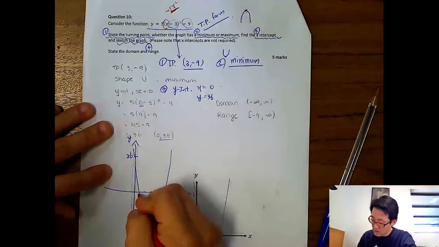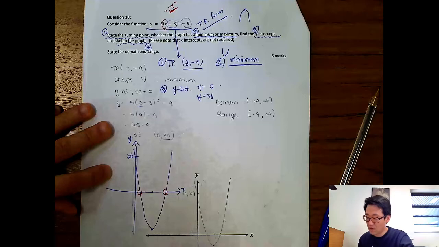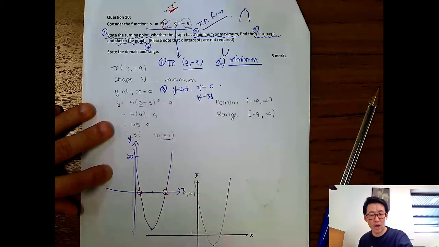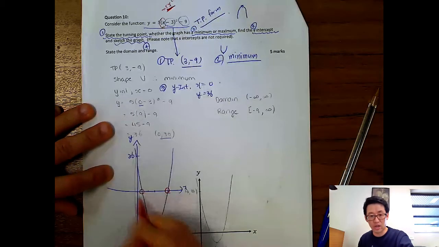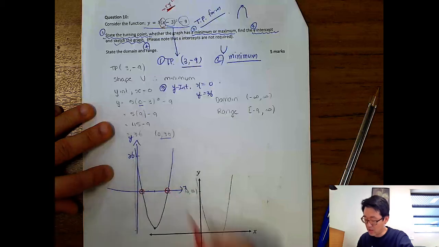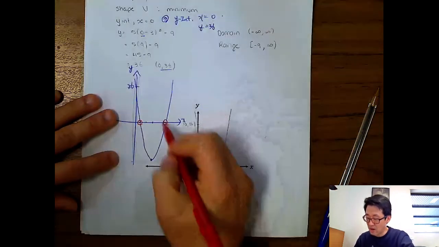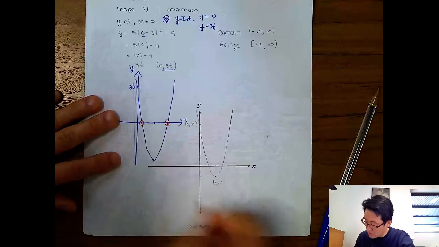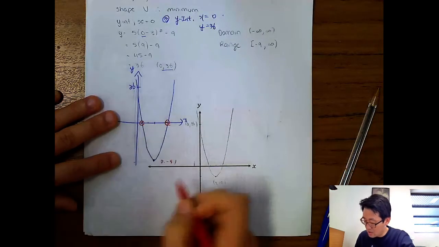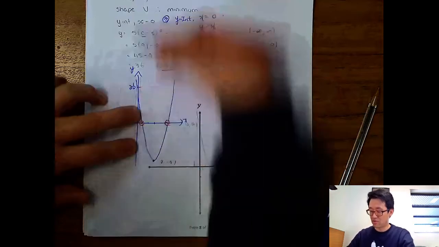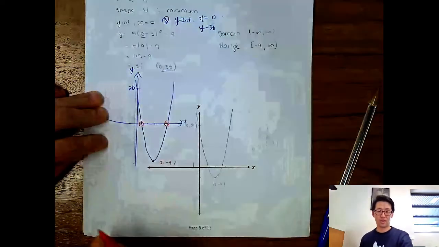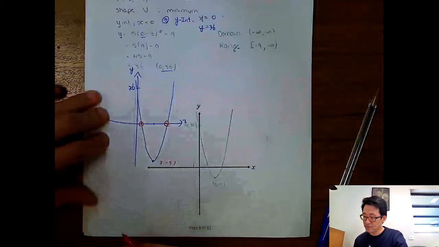If they ask what the x-intercept is, when y equals 0, we can figure that out too and indicate it. If they just say sketch the graph, we can actually get that too. But the turning point is 3 and minus 9. I should draw a bit higher, but you can see it's a rough drawing.